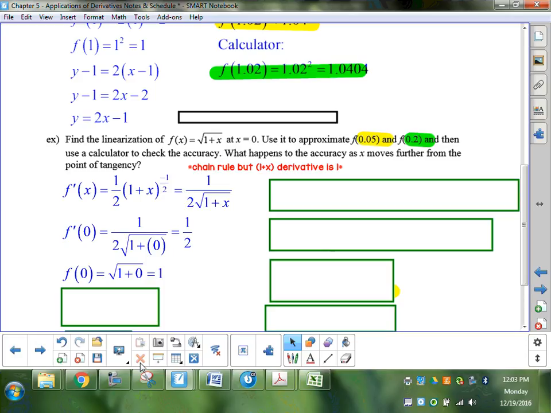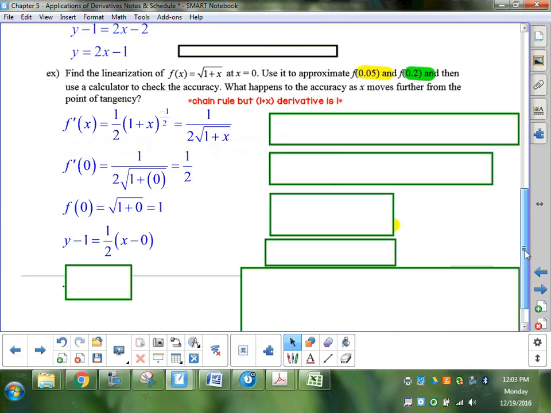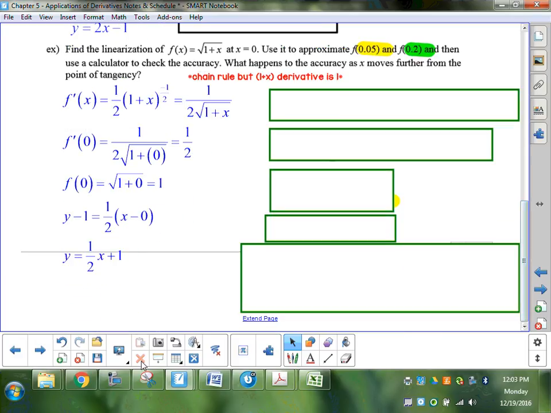Jack? What'd you get? y is equal to 1/2 x plus 1. Not bad. Now, Megan, what would we do next?